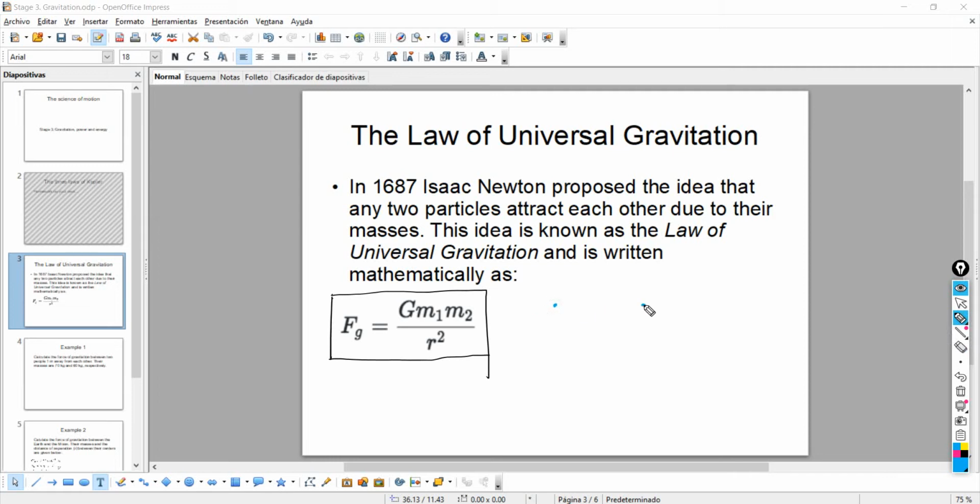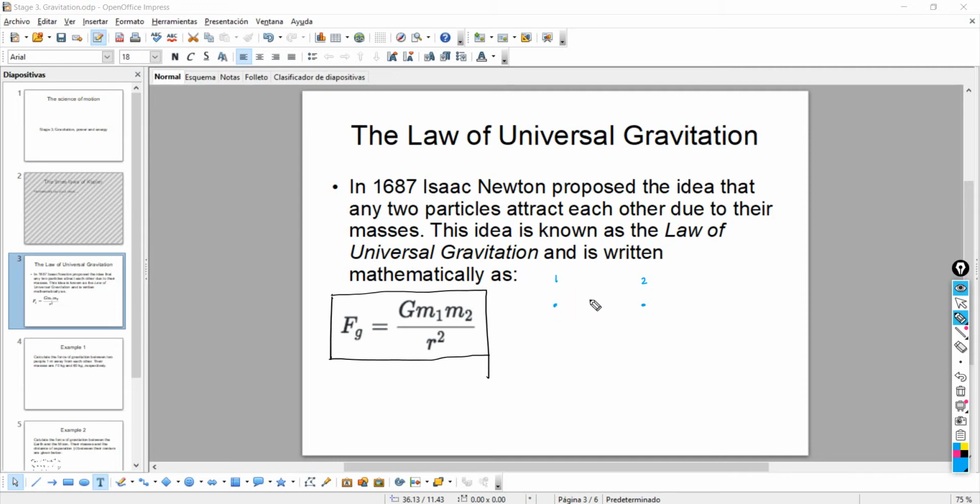I'm going to call this particle 1 and this particle 2. These two objects can be anything. They can be planets, they can be people. This one can be a book and this one an apple. This one can be a car and this a house. It doesn't matter, as long as you can treat them as particles.